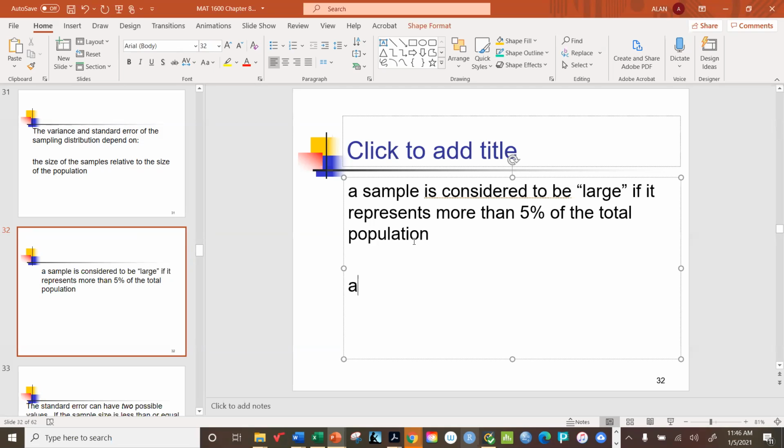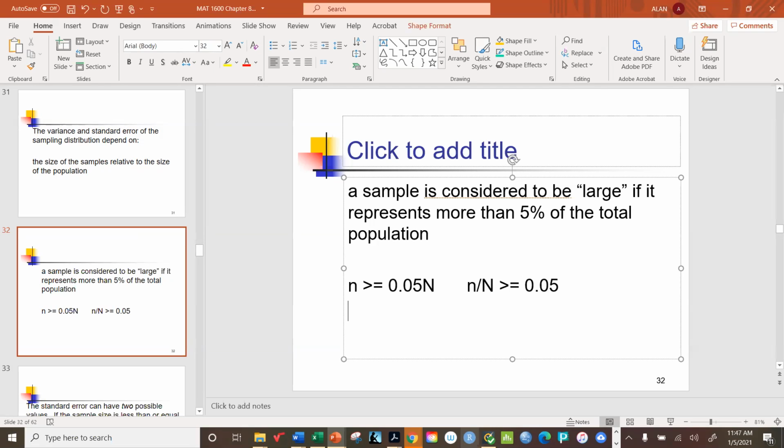Let's write this out with our notation. This can be written in a couple of ways: the sample size is at least 5% of the population size, or you can write this as n divided by capital N is at least 5%.